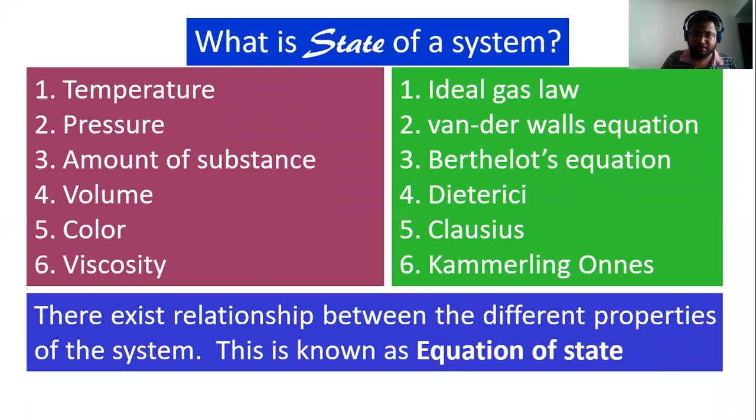The problem is that many equations of state exist. You can have the ideal gas equation, van der Waals gas equation, Bartlett equation, Dieterici equation, Clausius equation, and Kamerlingh-Onnes equation, and we will not discuss all of them. Because every system has a different equation of state, I cannot use a single equation of state for all the systems in this universe.